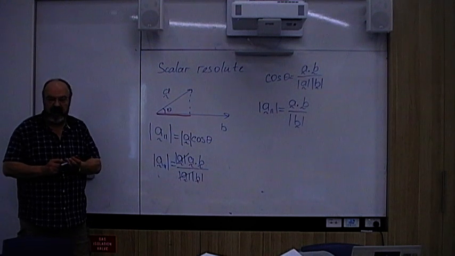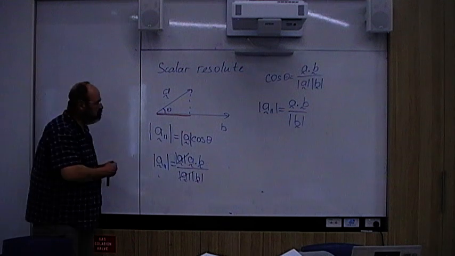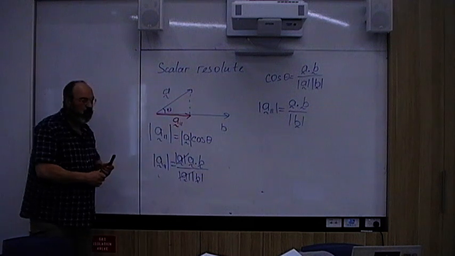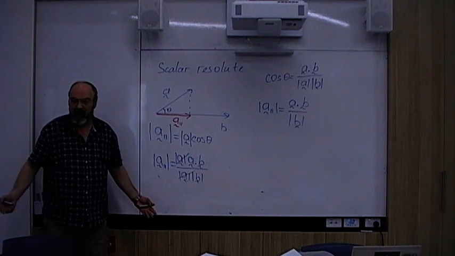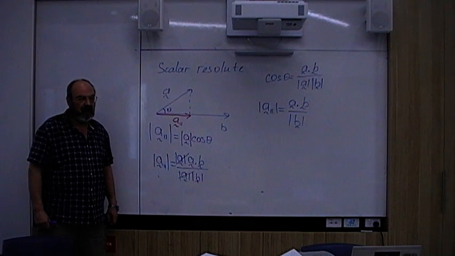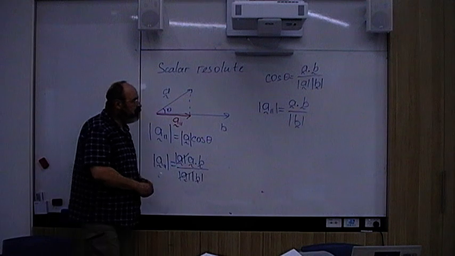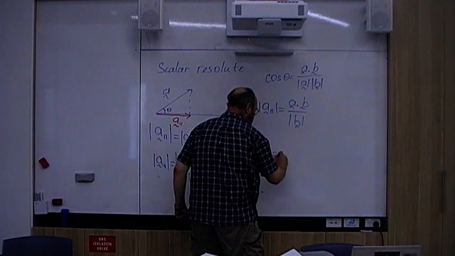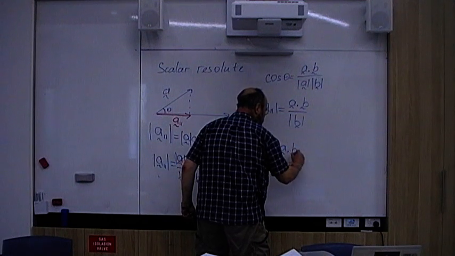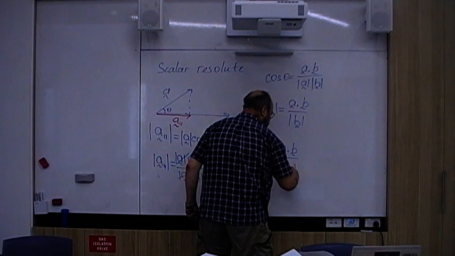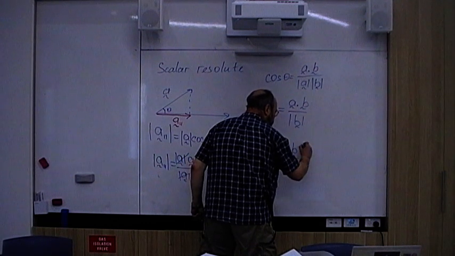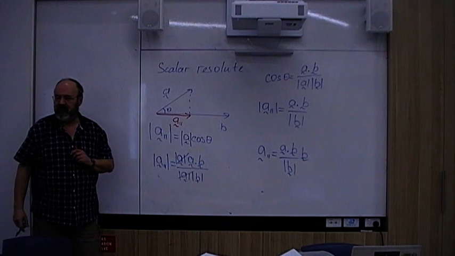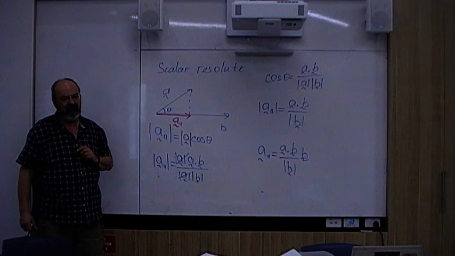Now we found its length, let's give this vector a direction. What is the direction of this vector? The same as the direction of vector B. So if you multiply A dot B over length B just by vector B, will it be correct?